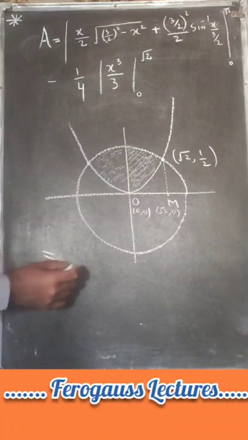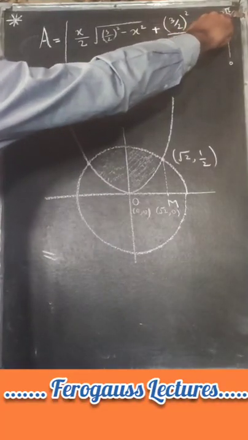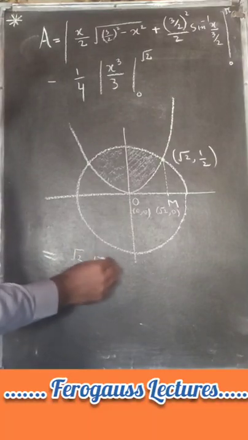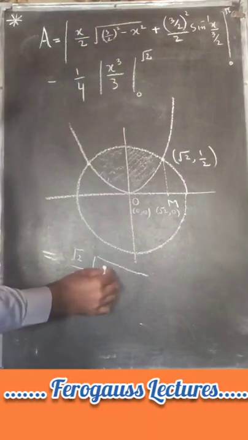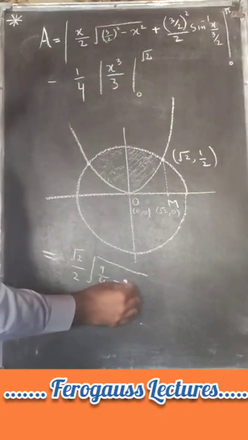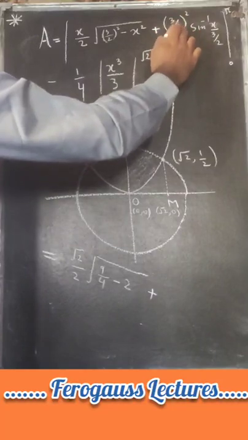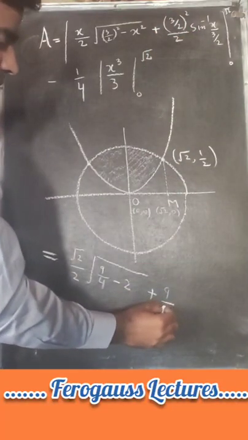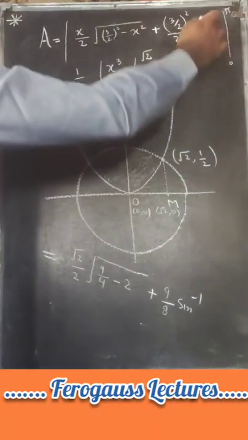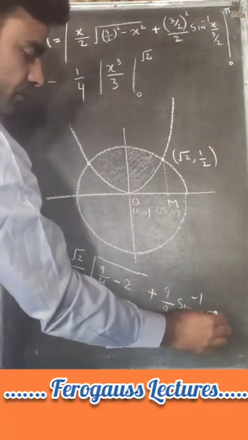That is further equal to, now applying the limits, when we put x equal to square root of 2, we get square root of 2 divided by 2, then square root of (3/2) whole squared, that's 9 by 4, minus square root of 2 whole squared, that's 2, then plus 9 by 4 into 2, so it is 9 by 8, then sine inverse of 2 times square root of 2 divided by 3.